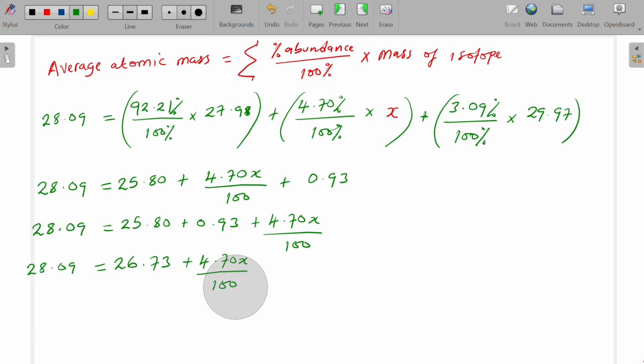Now we must understand, this expression is different from the other. For example, this one and this one are the same. They don't have any variable that they are carrying, but this expression has got a variable, so we can't add it to this here. That's why you are seeing that we just added 25.80 to 0.93, and that's how we got this value here. So still this value is added to the other side. Now we're going to collect like terms together.